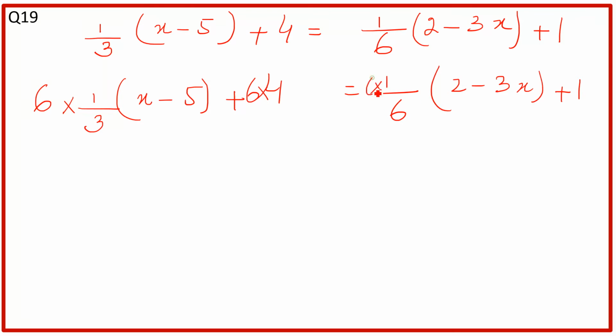Why are we not multiplying with 3? We have to pick a number which is completely divisible by all the denominators. Here 6 goes one time, and 3 goes two times into 6.